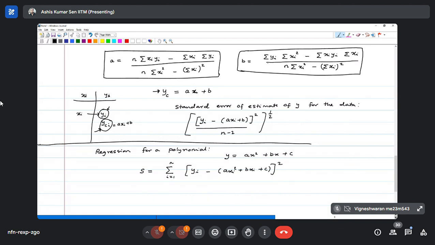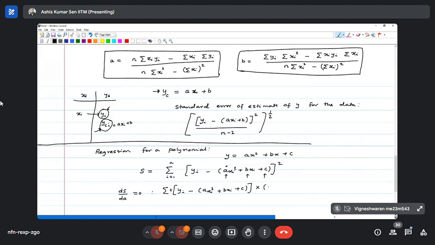And now you have three different constants. So you use three different conditions, that is ds over dA equal to 0, and this will give you sum 2 into yi minus axi square plus bxi plus c into ds over dA. So only this term will stay, right?